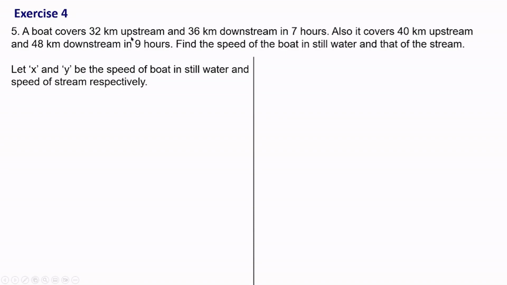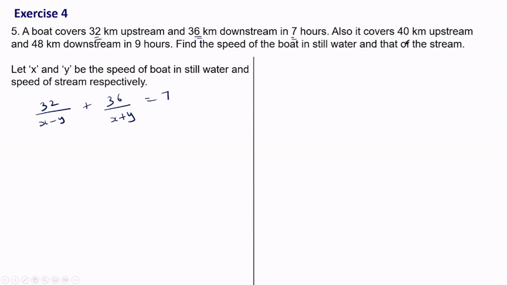So first it is given, boat covers 32 km upstream and 36 km downstream in 7 hours. So the time taken to cover 32 km upstream is 32 upon x minus y plus the time taken to cover 36 km downstream is 36 upon x plus y. This is equal to 7.